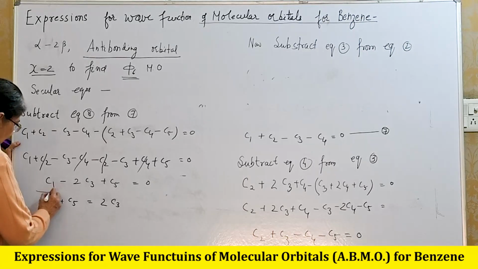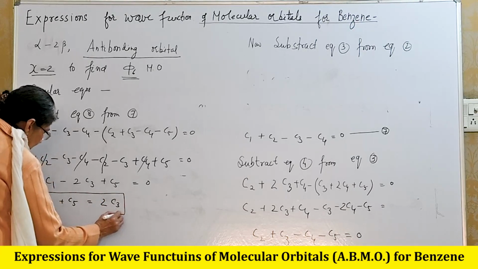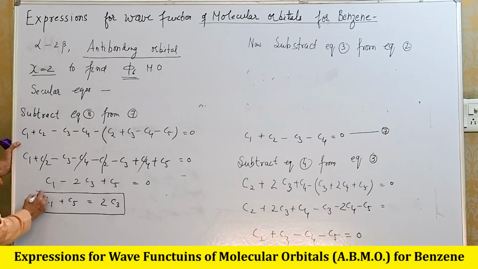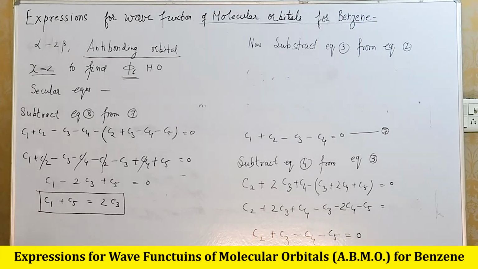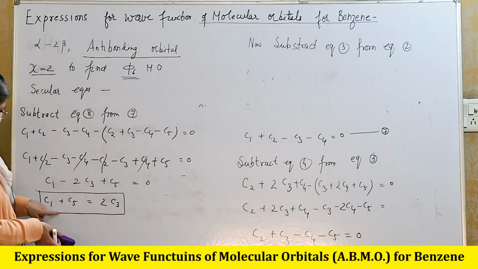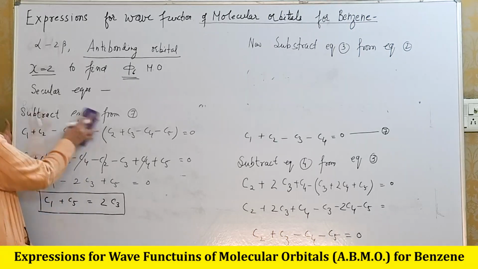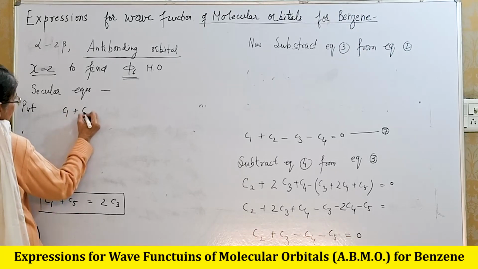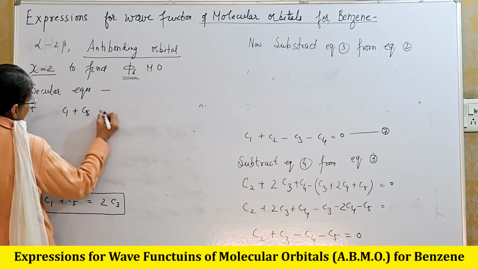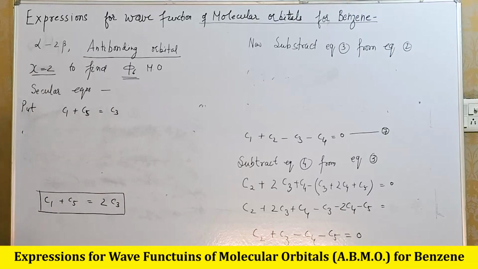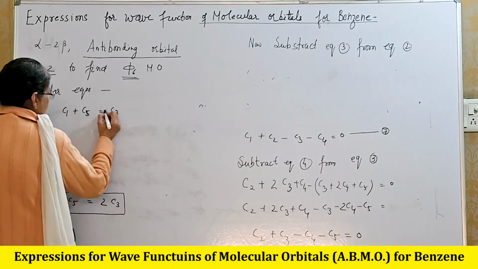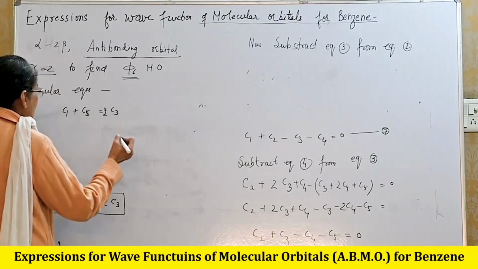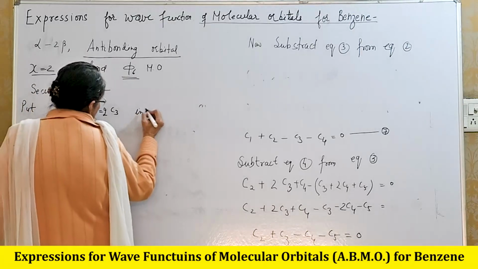This relationship we got. Now keep this relationship, C1 plus C5 is equal to 2C3, in equation 6.